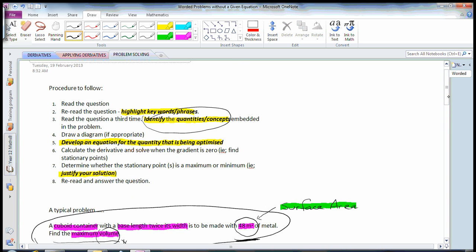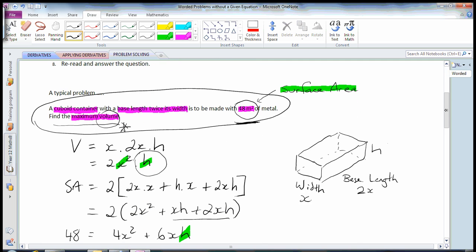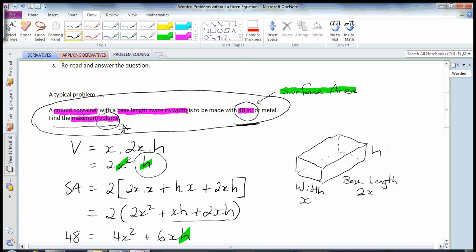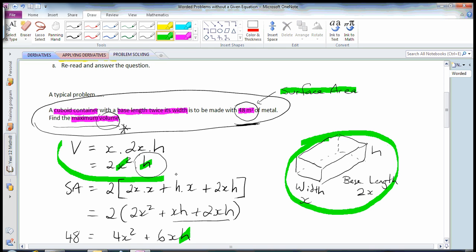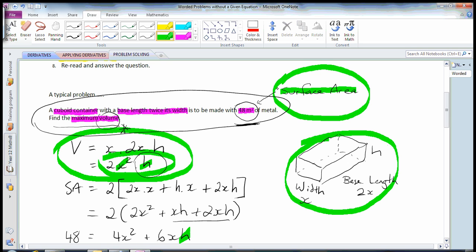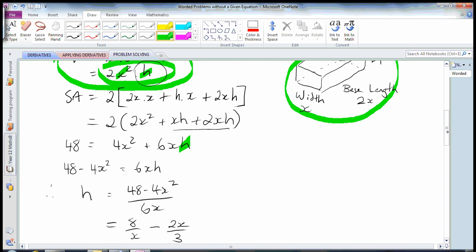And then we use a diagram and develop an equation for that quantity. So you can see we started off with our diagram over to the side here. Here's our diagram. We made an expression for volume, but we ended up with two variables, which was a bit of a problem for us. So we used the other concept, which was surface area, to develop a second expression.